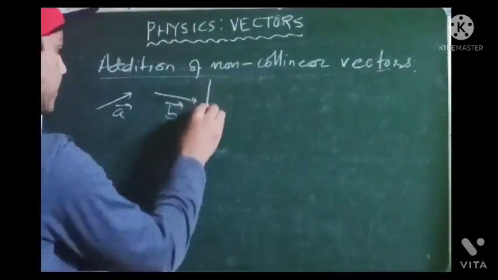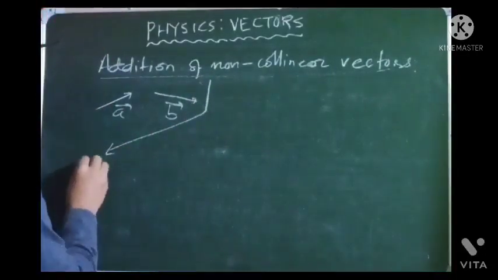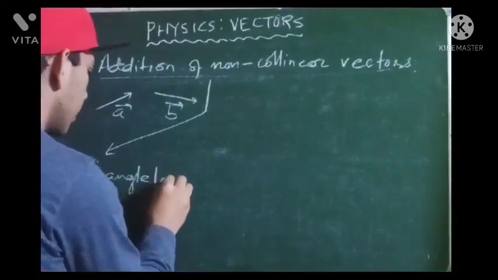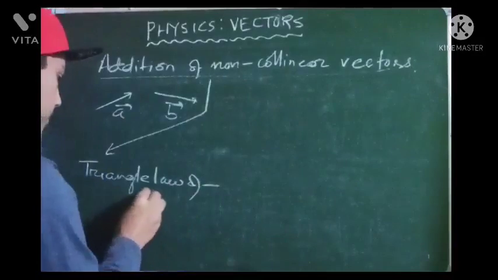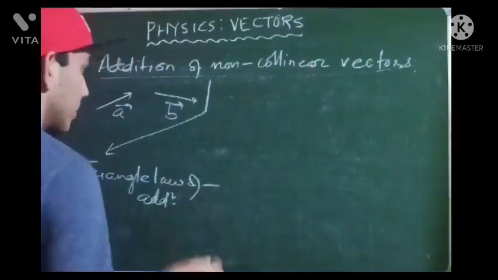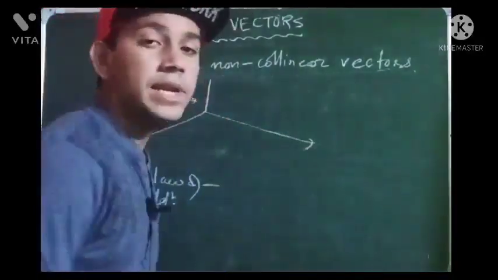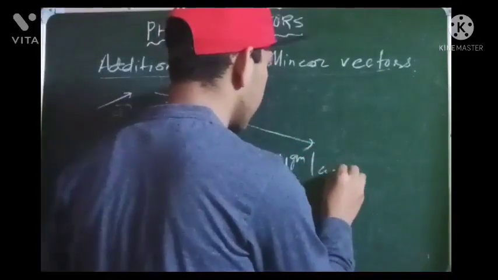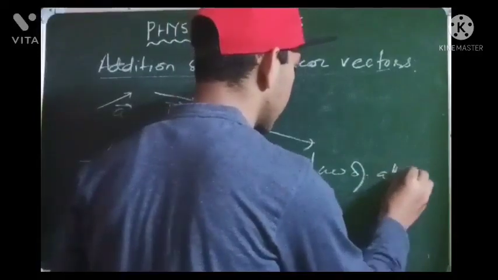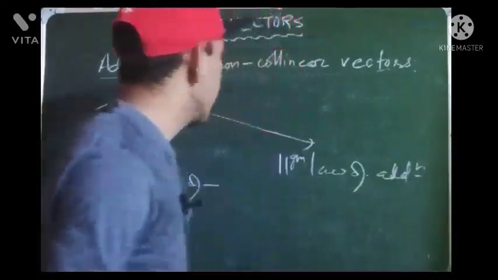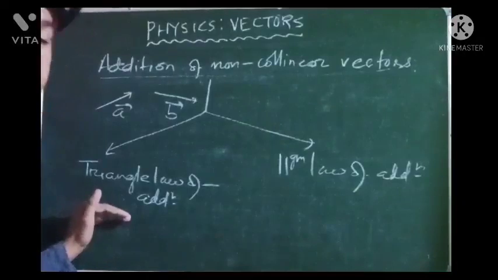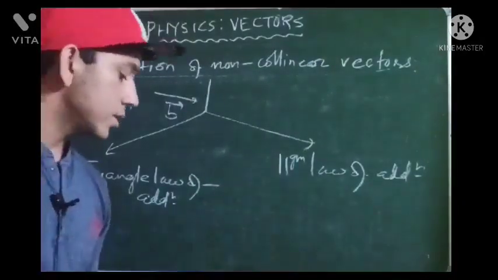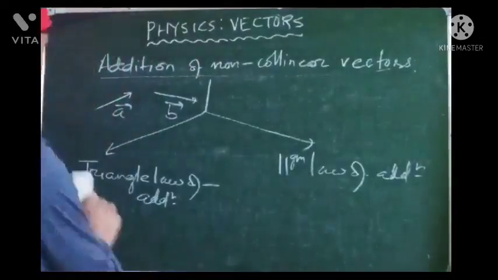The first one is the triangle law of addition, and the second one is the parallelogram law of addition. First of all, we are going to look at the triangle law of addition, and then further on we will look at the parallelogram law of addition.